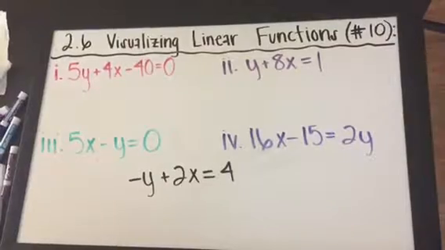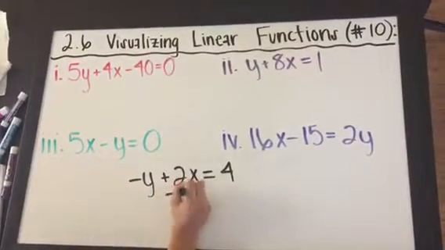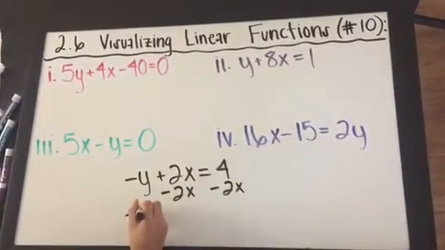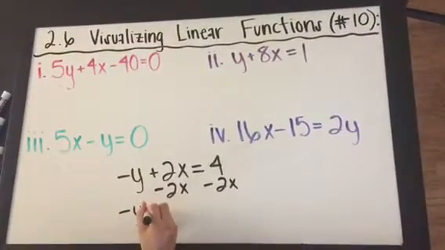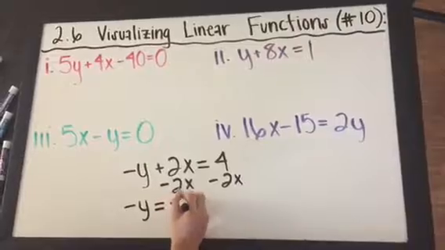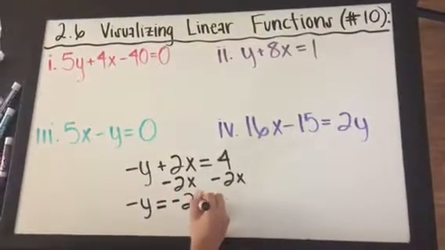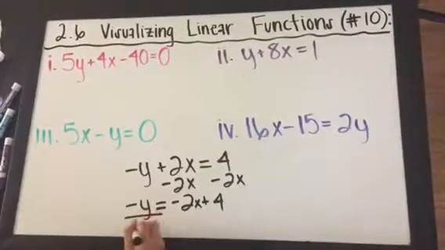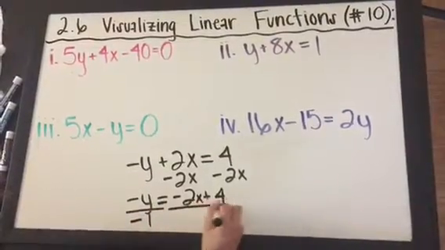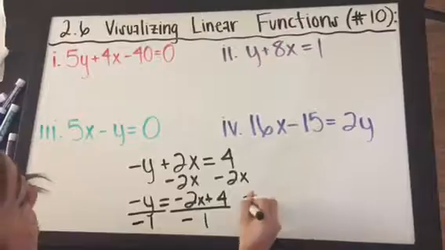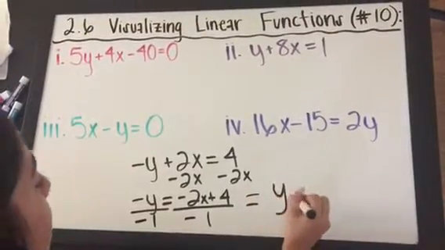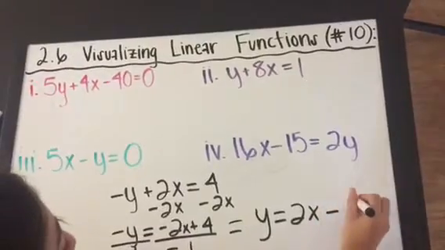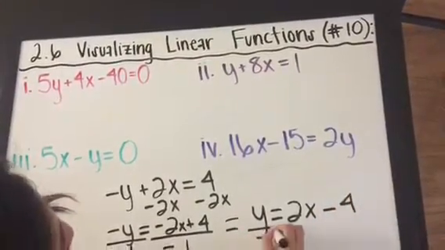You want y by itself, so you're going to subtract 2x from both sides and get negative y equals negative 2x plus 4, and then you divide both sides by negative 1 and end up with y equals 2x minus 4. That's how you get your y by itself.